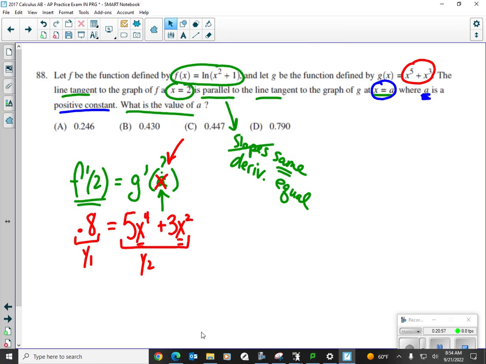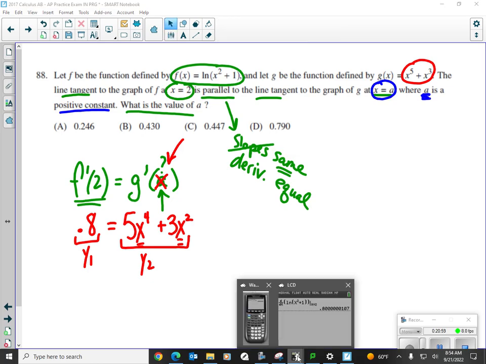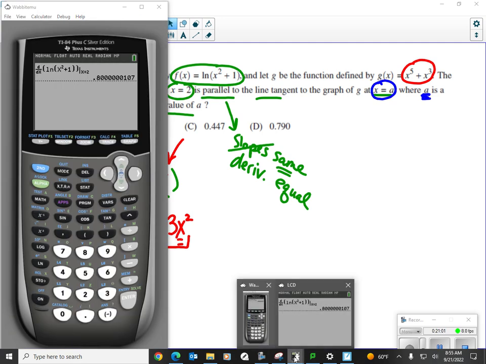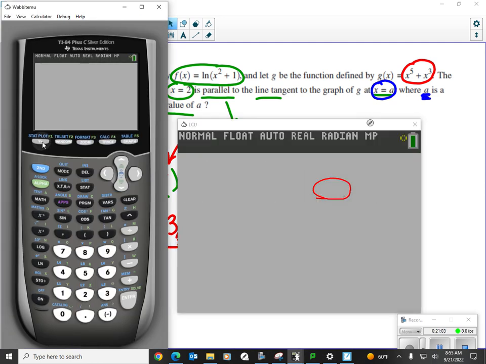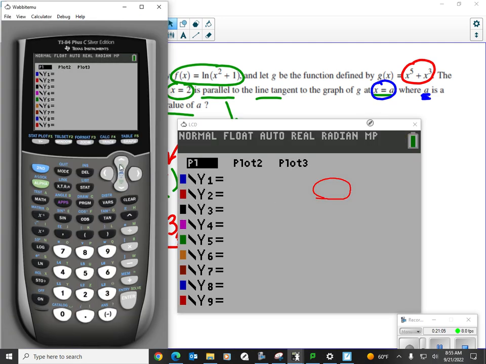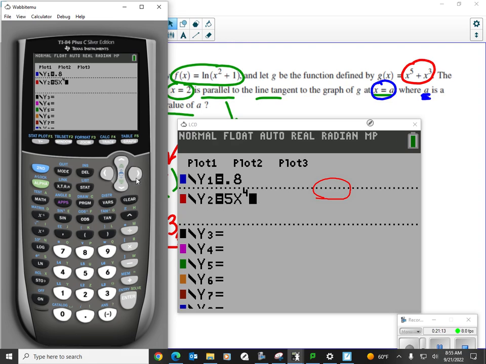All right? And again, we're going to use our graphing calculator. Y equals. Let's get rid of this plot. I'm just going to go up there and hit enter so it's not highlighted anymore. 0.8 is equal to 5x to the fourth plus 3x squared.